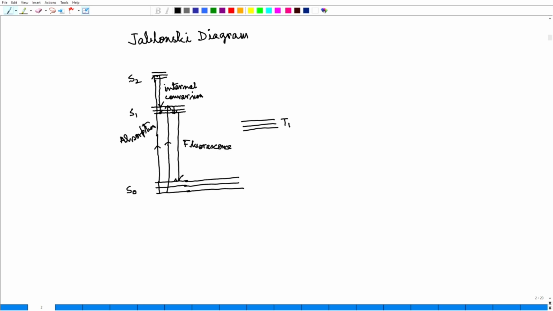It can also go to this triplet state through what is called intersystem crossing.